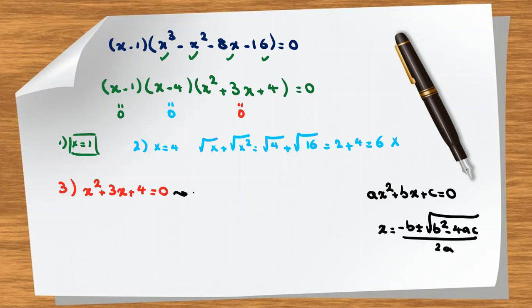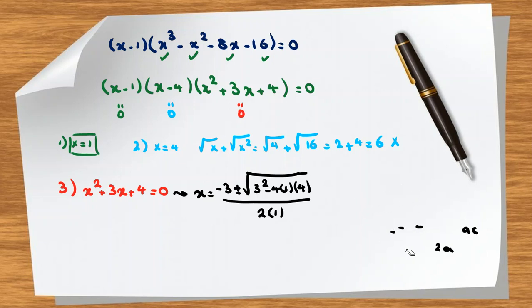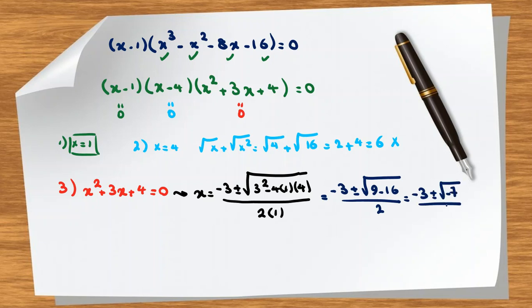So here x equals negative 3 plus minus square root of 3 squared minus 4 times a times c, which is 4, all over 2a, which is 2 times 1. So our other answers equal negative 3 plus minus square root of 9 minus 16 over 2. So negative 3 plus minus square root of negative 7 over 2.